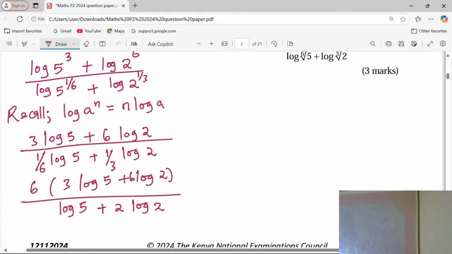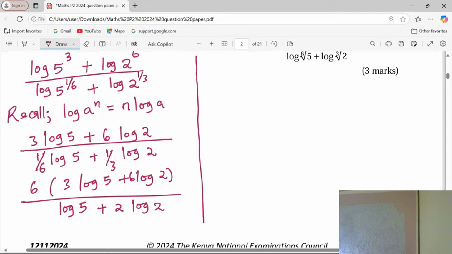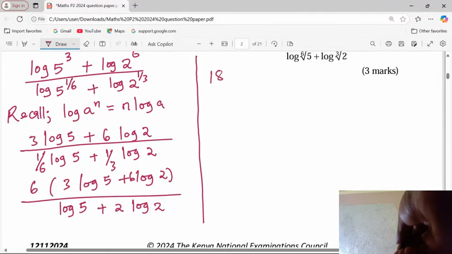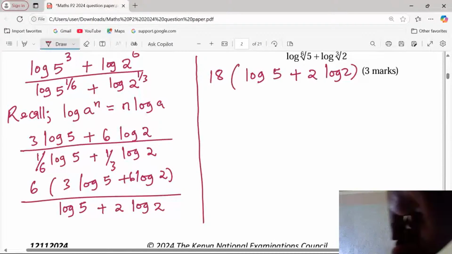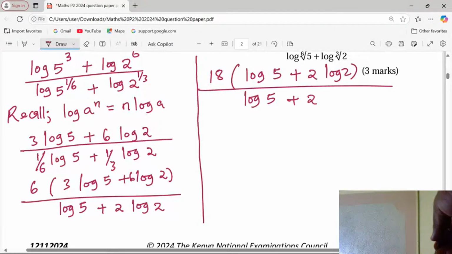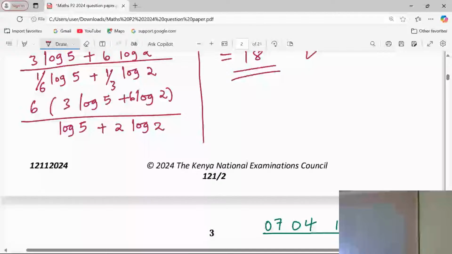At this point, in the numerator, there is something which can be factored out. When you factor out 3, now there is already an existing 6 outside, so 3 by 6 will become 18. Inside the brackets, we shall have the log of 5 plus 2 log 2, divided by the log of 5 plus 2 log 2. Now this being common, we will end up having the simplest form.